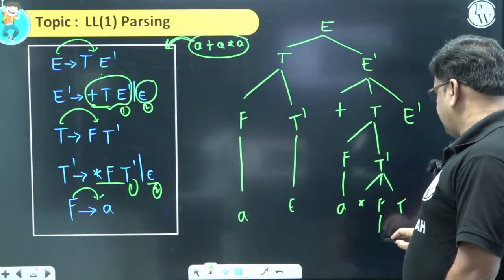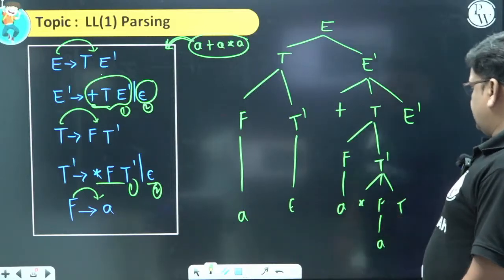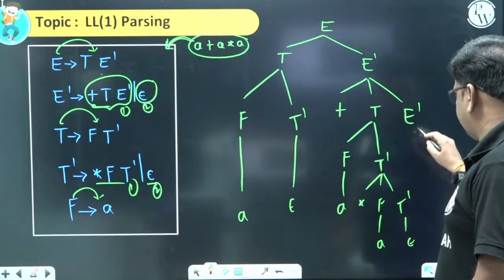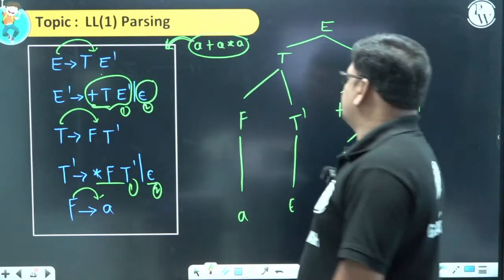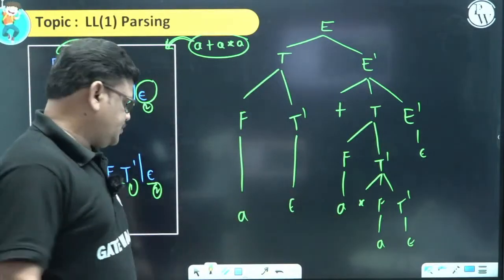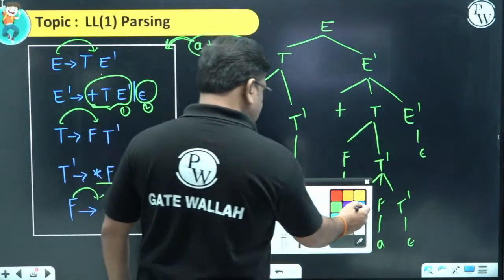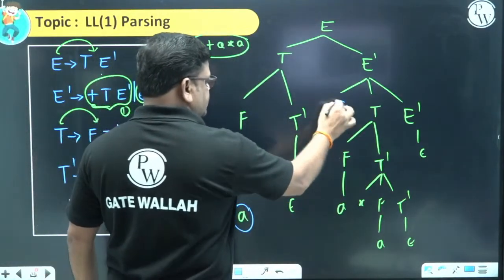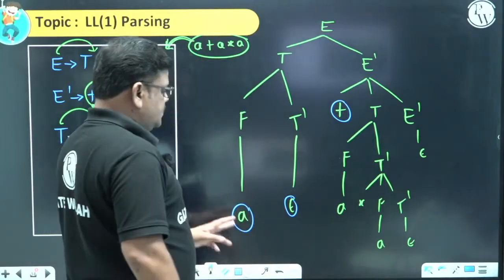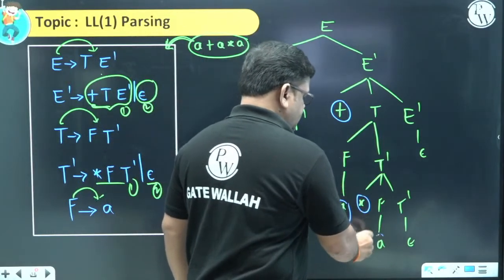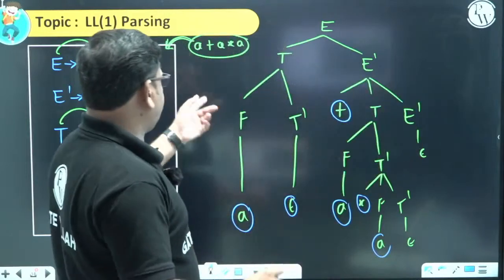F is replaced by A. T dash, star, F, T dash: this is replaced by epsilon, and this is replaced by epsilon. Now read all the leaf nodes. Epsilon anyhow is no need. So it is A plus A star A.